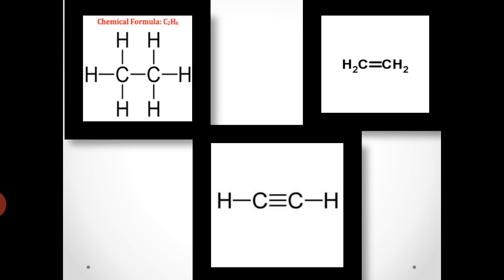Saturated hydrocarbons are called alkanes, and we have discussed an example, ethane, while the unsaturated hydrocarbons exhibit double and triple covalent bonds. Ethene has a double covalent bond and is called an alkene, while the triple covalent bond is in acetylene, which is also called ethyne, and its structure is showing on your screen.